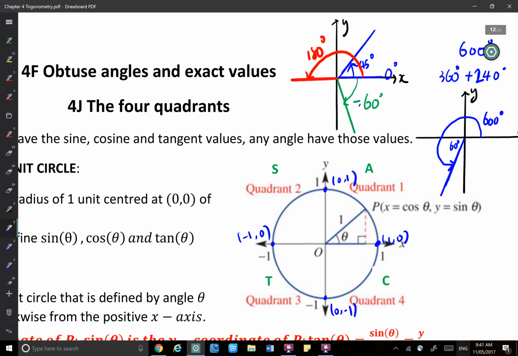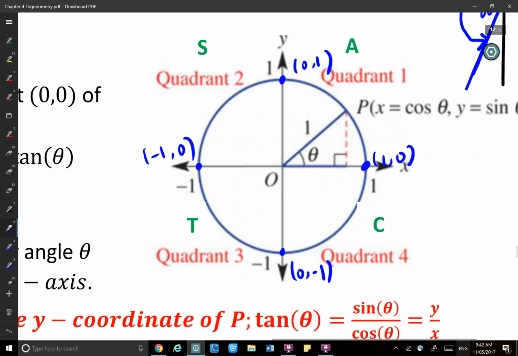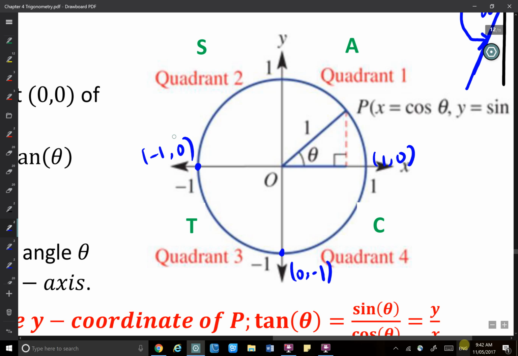Okay, so we talk about angles, and then let's come back to this unit circle. The unit circle helps us to find sine, cosine, and tangent values. First, let's have a look at this unit circle. Let's take off all these values first.